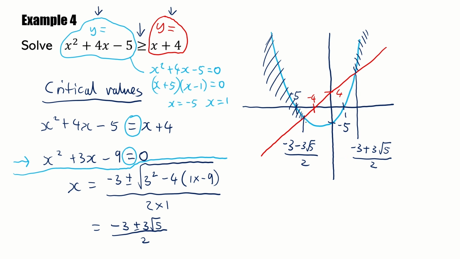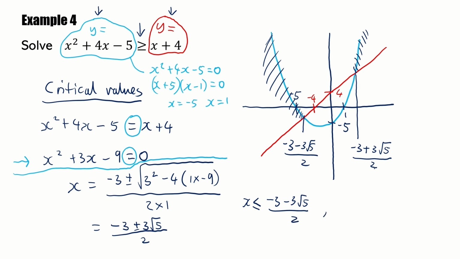That's interesting because it now means still, then when we come to solve it, it's still very easy to use this graph to solve the final inequality. But as you can see, the bit we shaded on the left is all to the left of minus 3 root 5 over 2. So therefore x is less than or equal to minus 3 root 5 all over 2 as the first inequality for the first region.